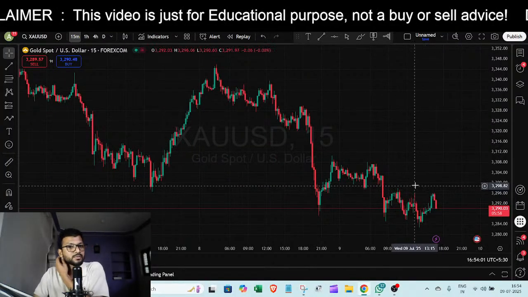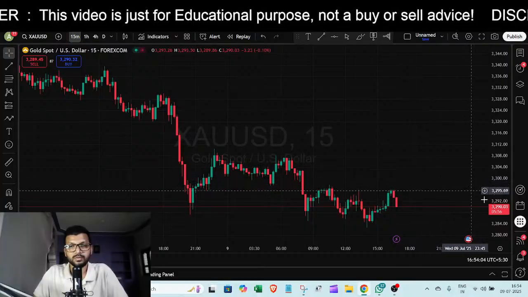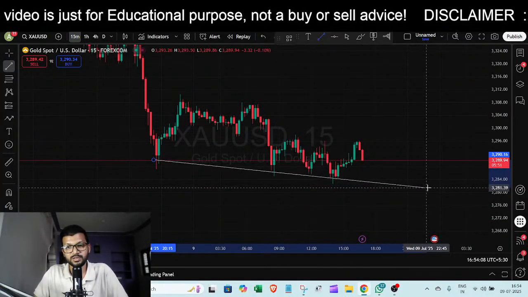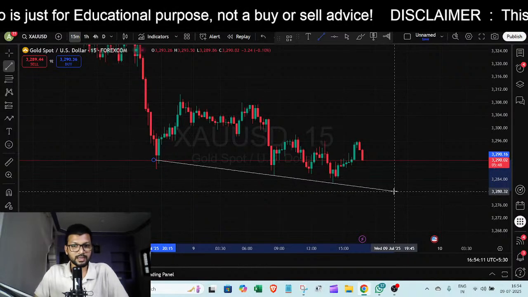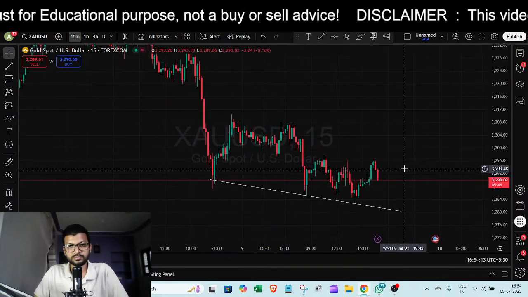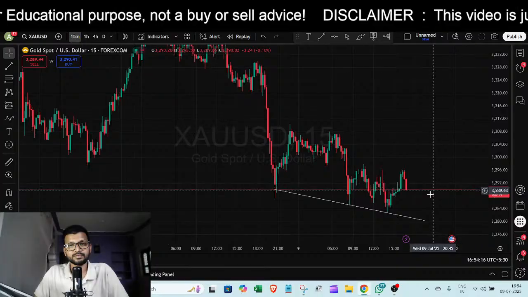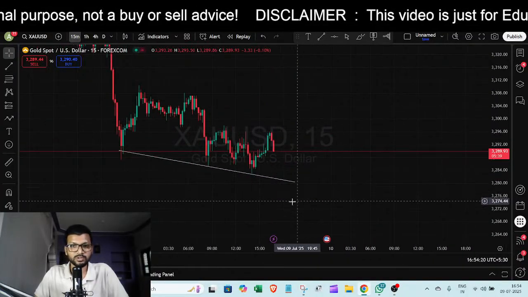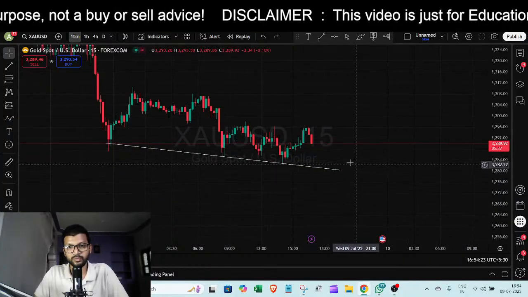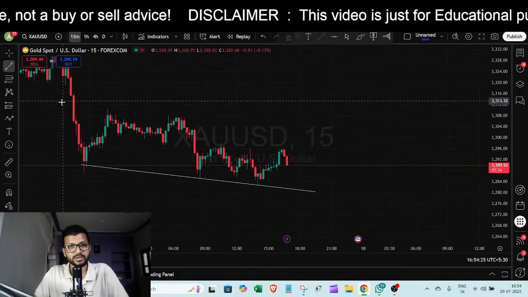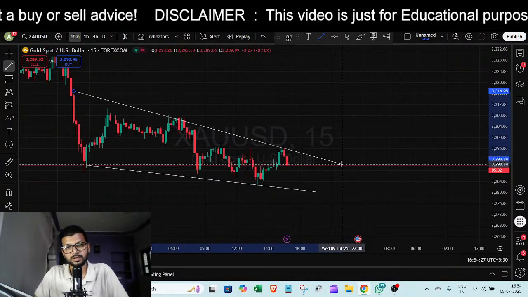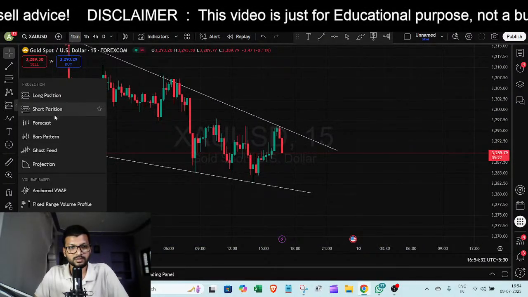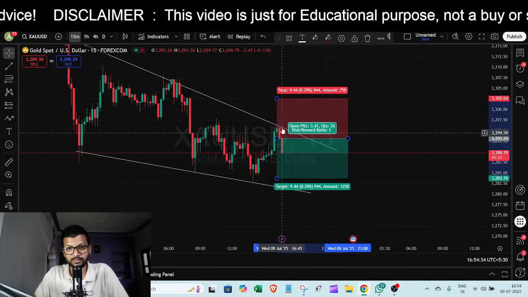If you look at the 15-minute chart, you can see a trend line acting as a support, and it is continuously breaking the previous lows. So there is a possibility that it might make a new low. Also, from the upside there is a trend line coming, and if you consider this trend line, we can expect it to touch the lower trend line.